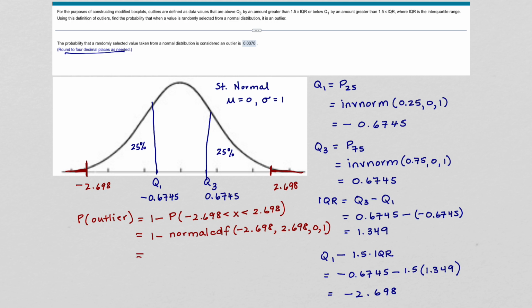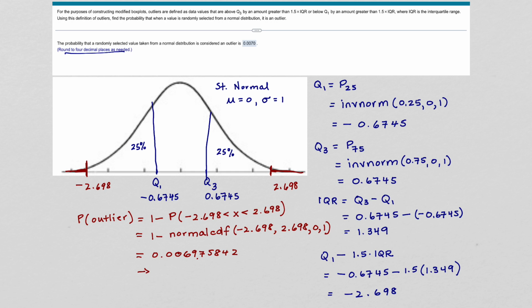And I get 0.0069758542. And then we want to round that to 4 decimal places.